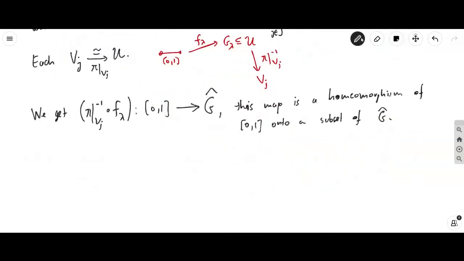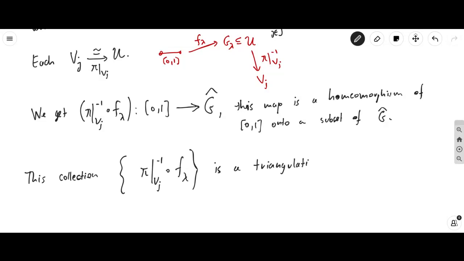Okay, so this collection, and then you have to check. So now you have a collection, pi restricted to V_j inverse composed with f lambda, is a triangulation for G hat.